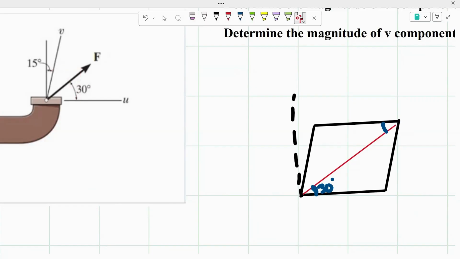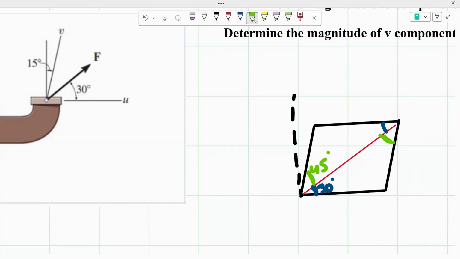So to find this missing angle right here, because we know this angle is 15 and this angle is 30, all we have to do is subtract these two angles from 90 degrees. And by doing that, we get that this angle right here is 45 degrees. And just like previously, this angle and this angle are the same. So we know that this angle is also 45 degrees.